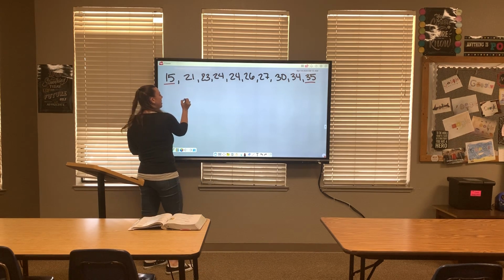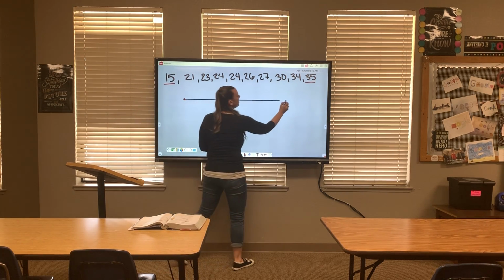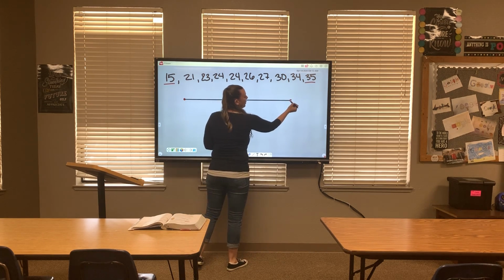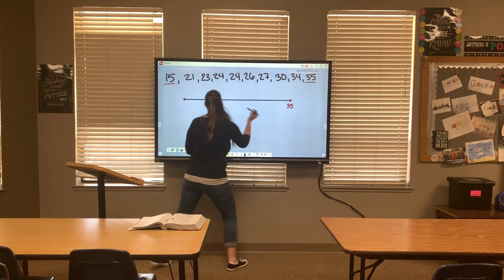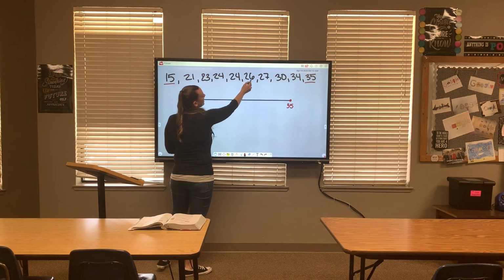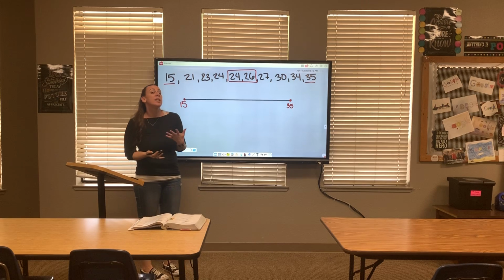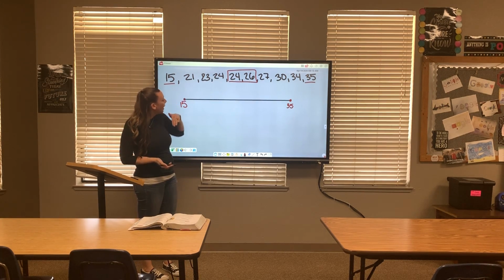So I'm going to plot my 15. I'm going to draw a line so that I can plot my 35. So I have 35, I have 15. Now I have 1, 2, 3, 4, 5, 6, 7, 8, 9, 10. Again, my middle is going to be between those two. That's kind of easy to find out.